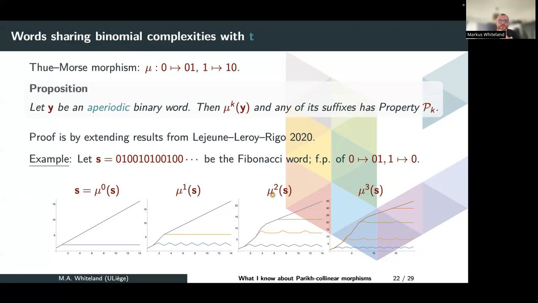Now, if you map it twice with the Thue-Morse morphism, you'll get the abelian complexity is the same, and now the 2-binomial complexity is also the same. And the same for 3. So you can see that the Thue-Morse morphism is going to lose information about binomial complexities depending on the number of times you apply it to a binary word.